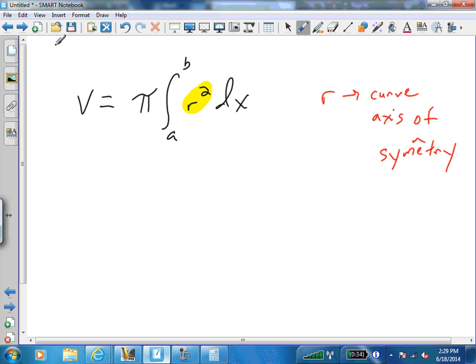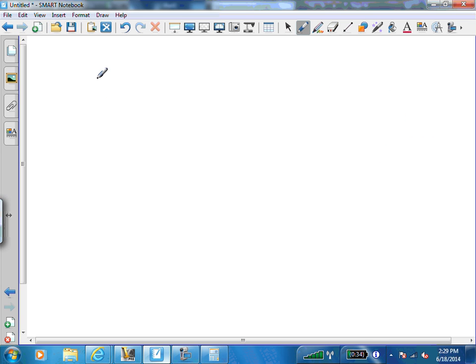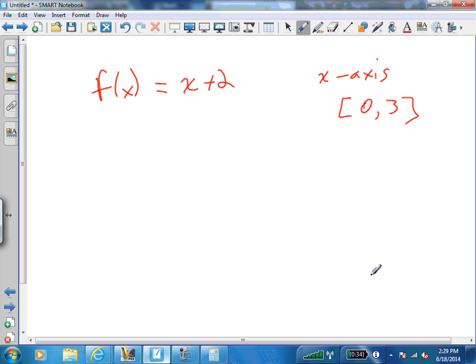So let's look. Suppose we have f of x equals x plus 2, and we want to rotate that around the x-axis from 0 to 3 in the x direction.